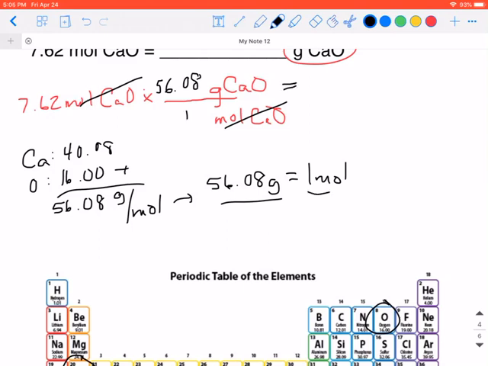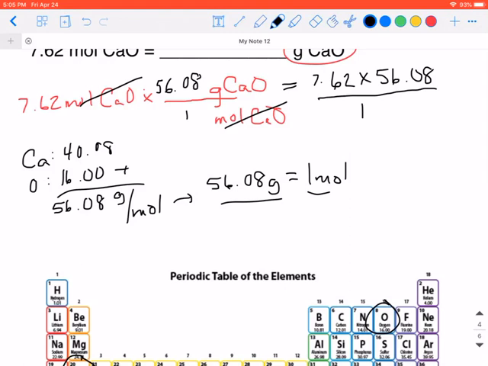So when I do this, I get 7.62 times 56.08 divided by 1. You don't have to show divided by 1. But this number on the bottom isn't always going to be 1 as we move forward. So it's just nice to get into the habit, okay?